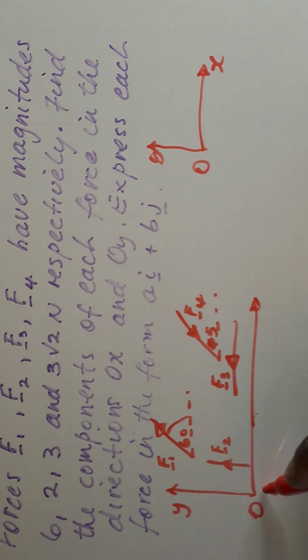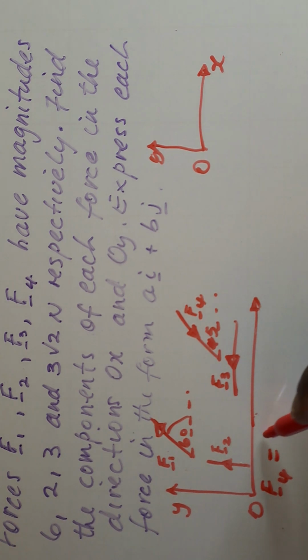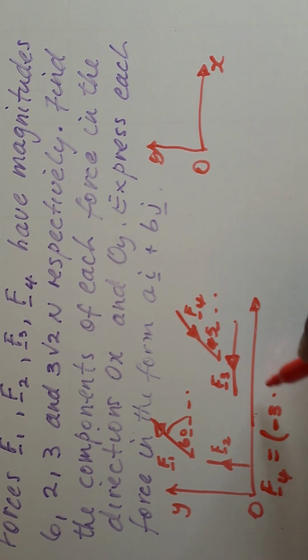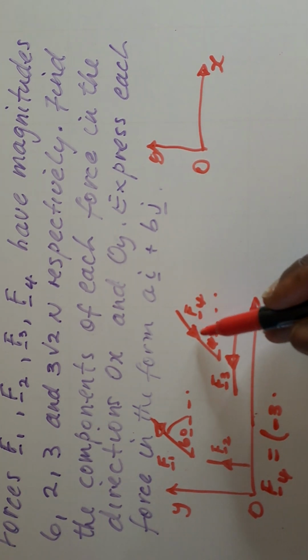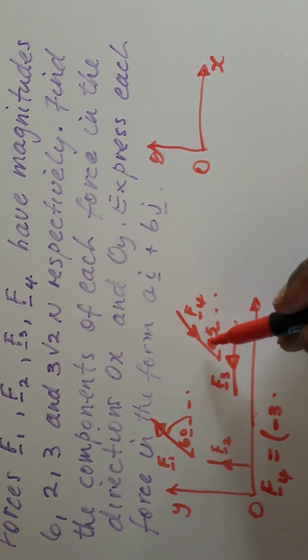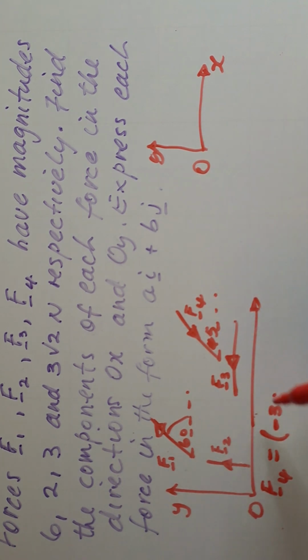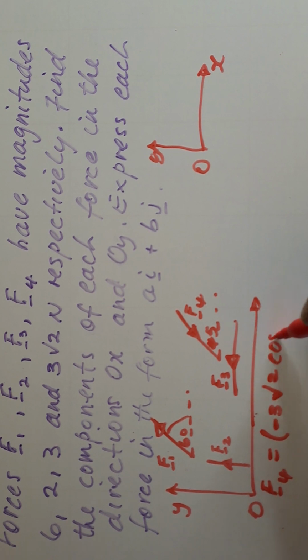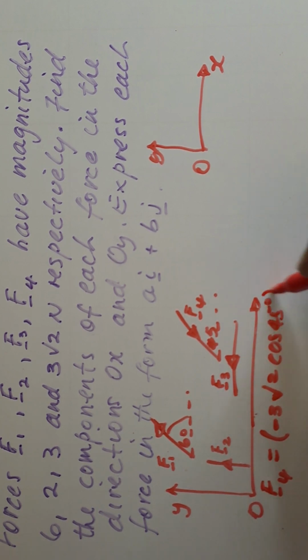And lastly we have F4. Now this is acting at 45 degrees to the horizontal. If we resolve this horizontally, remember this would be going in the direction opposite to OX, so we have 3 root 2 cosine 45 degrees, and that's our i component, which will be negative.